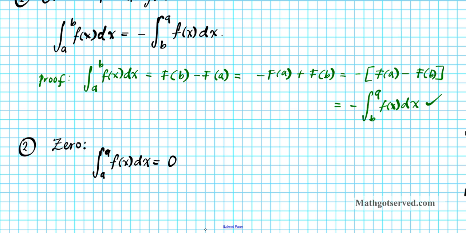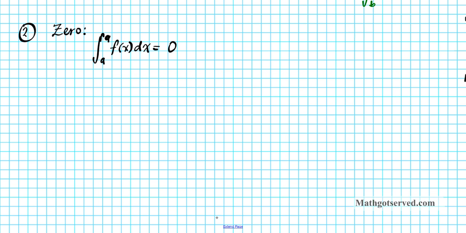Now let's prove that this is correct using FTC part 1. Let's do a real quick short proof here. Starting from the left side, the definite integral from a to a of f of x dx.